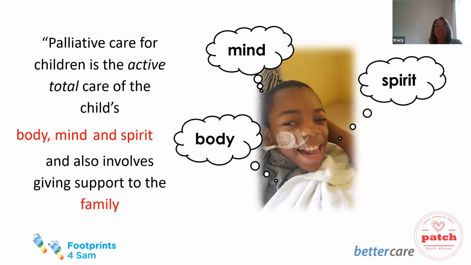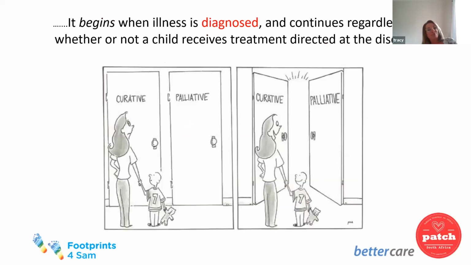It begins when illness is diagnosed, and please note that the word diagnosed is in red, and continues regardless of whether or not a child receives treatment directed at the disease. And there's a really great cartoon that we use throughout training throughout the country to demonstrate how we can offer them together.